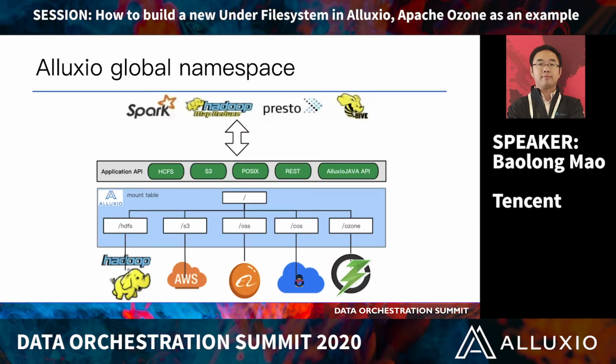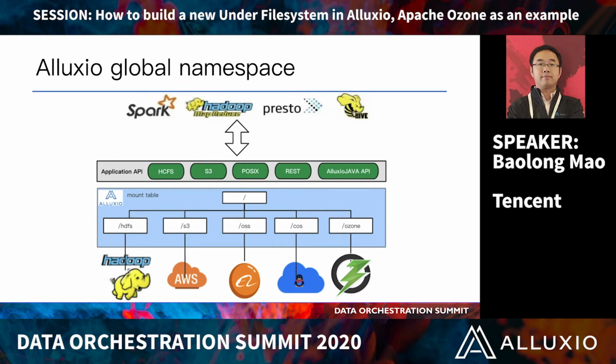Now we can mount HDFS, S3, OSS, COS, and Ozone together to Alluxio. In a sense, Alluxio maintains a global centralized mount table and supplies a global namespace.